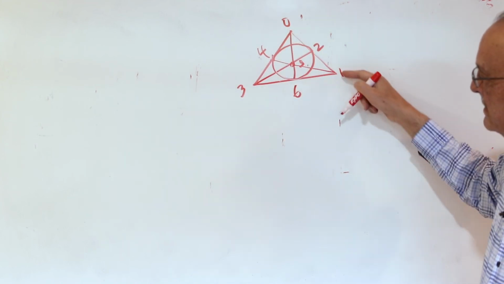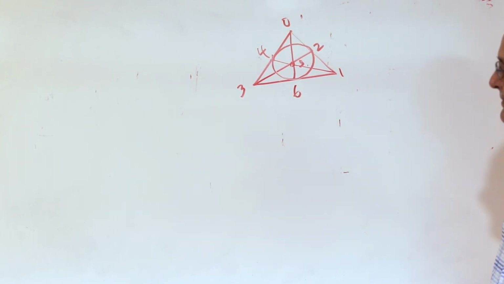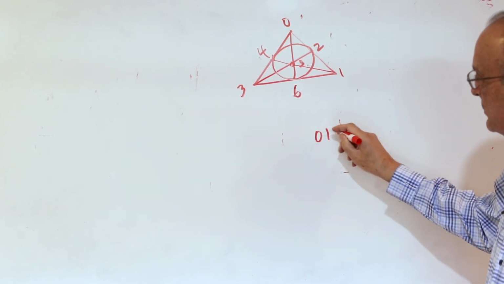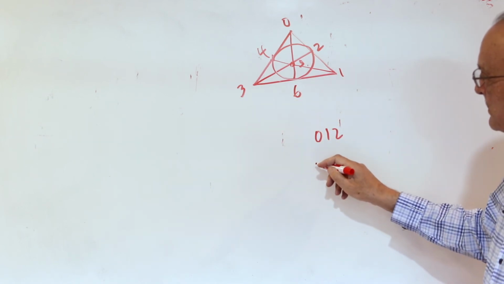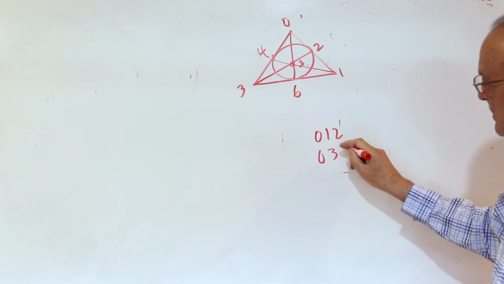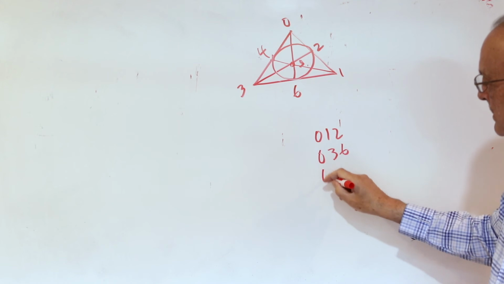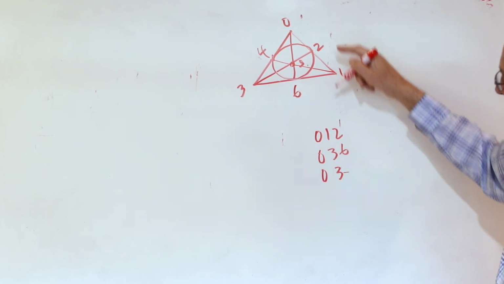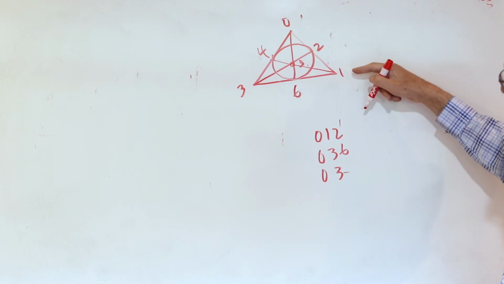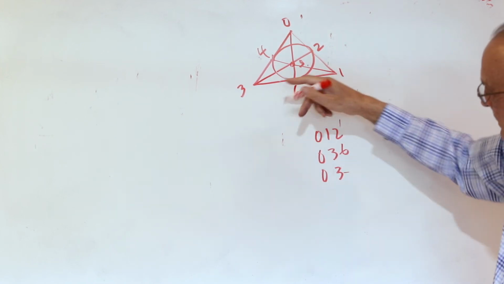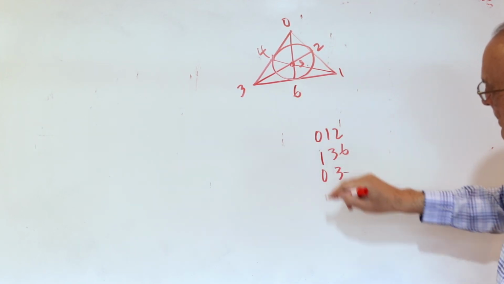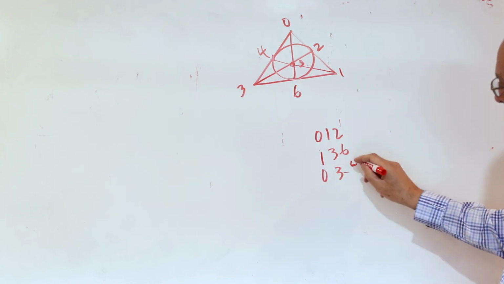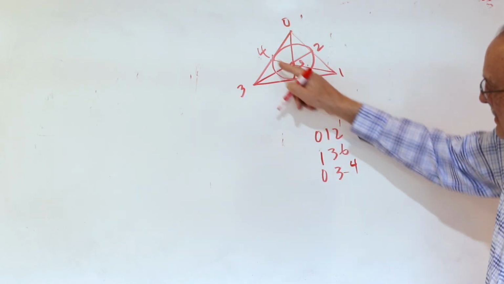So each edge gives us a triple. So we have 0, 1, 2, 1, 3, 6, and 0, 3, 4. No, wait, I'm sorry, that was 1, 3, 6, not 0, 3, 6. And then we do the medians.